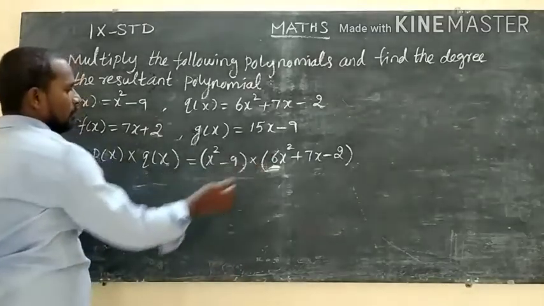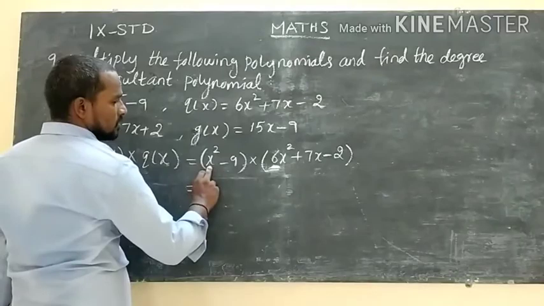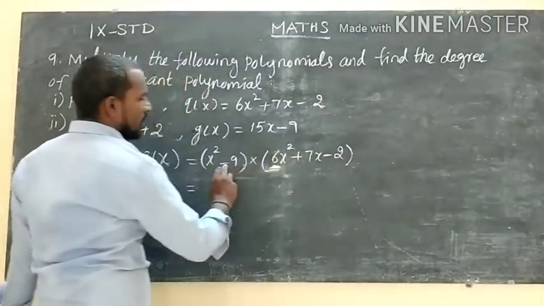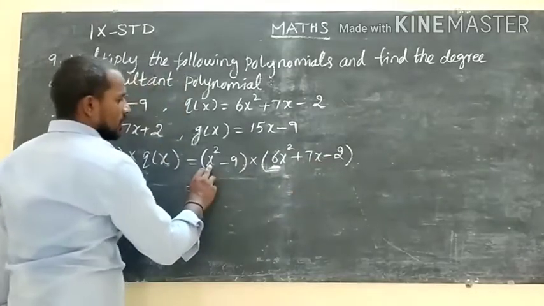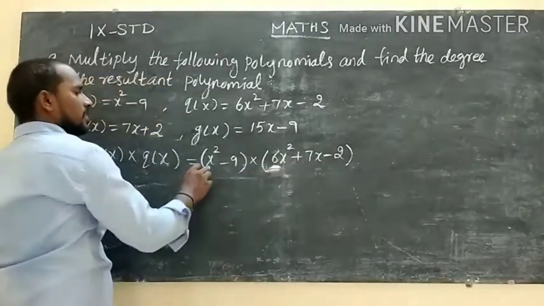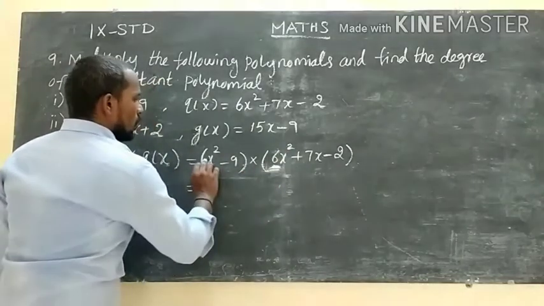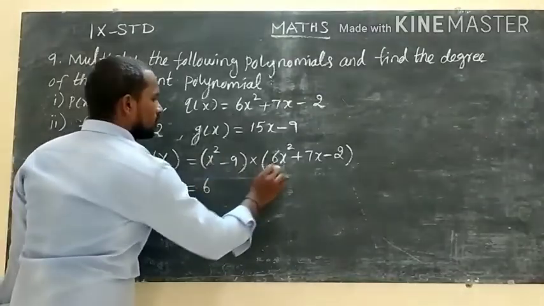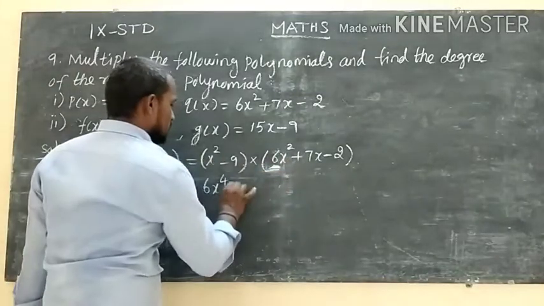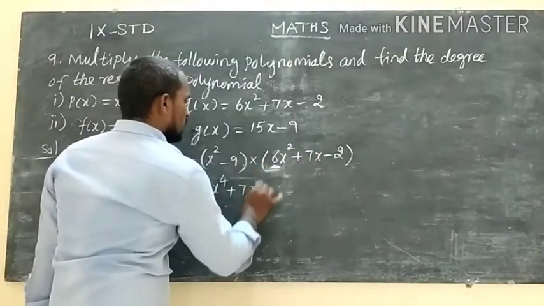Okay. Multiplying one by one the bracket values, x square first we consider. So x square with all the terms and minus 9 with all the terms. So x square into 6x square equals 6, x square into x square, x power 4. Then plus into plus plus, 1 into 7, 7, x square into x, x power 3.